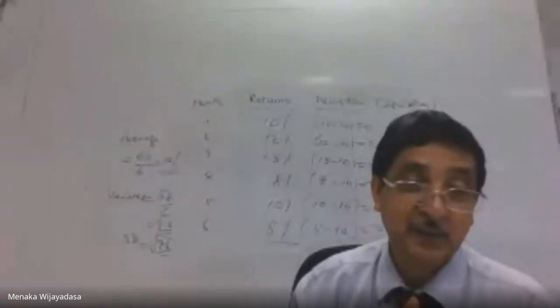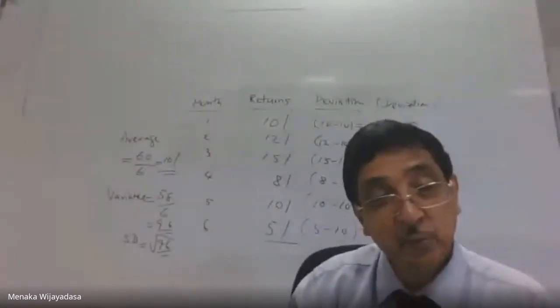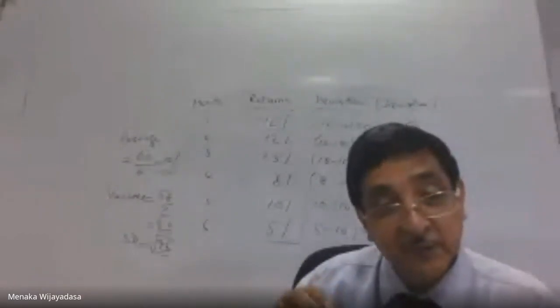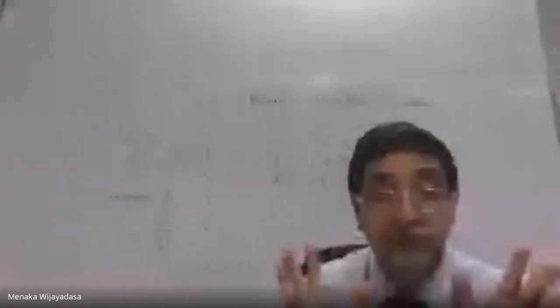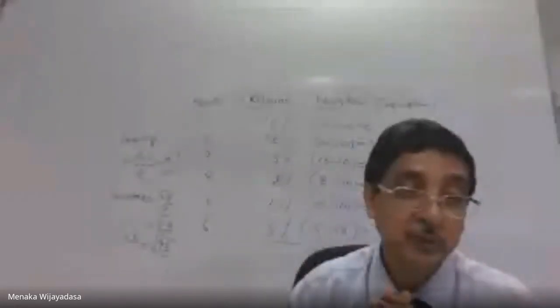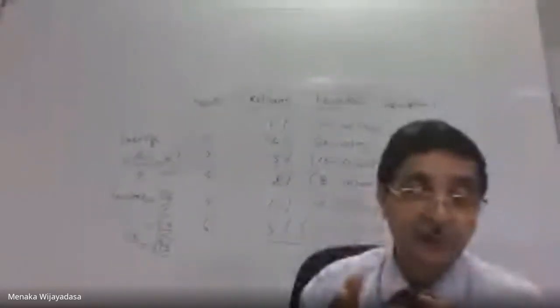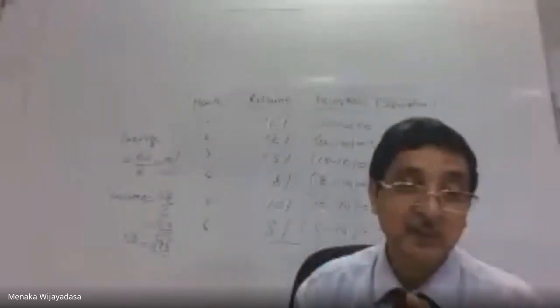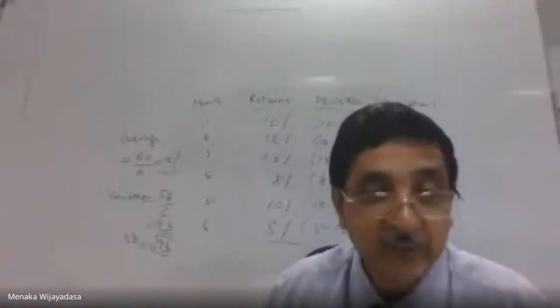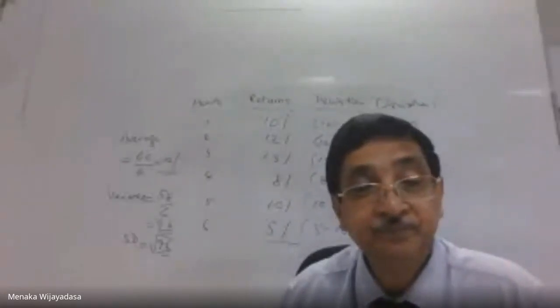By looking at that, you can see which branches have higher risk and which branches have higher return. So that's the type of evaluation you can do. In the same manner, if you do any investments, you can do the same type of evaluations.